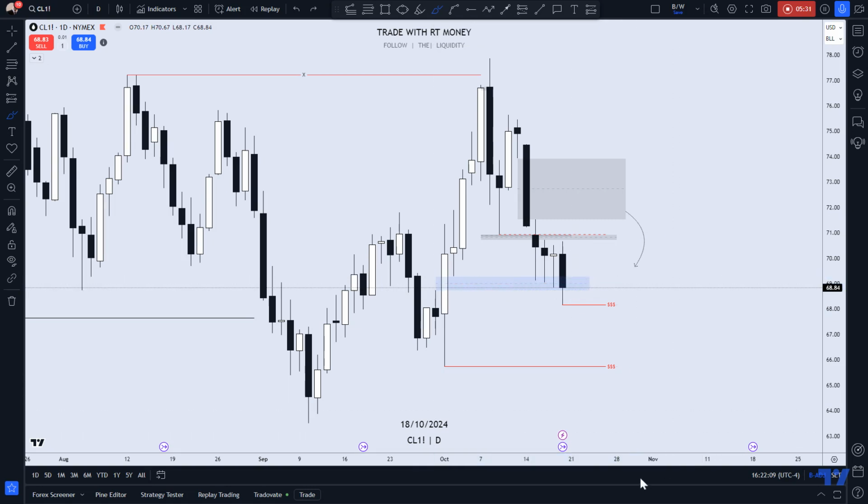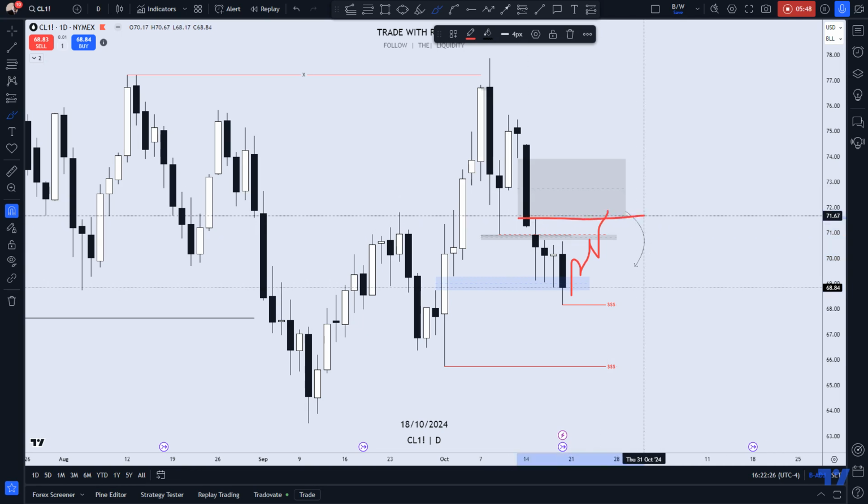So the fair value gap is still holding. All right, we'll see what Monday's candle does. But right now, this fair value gap is still holding, and I believe that price may end up moving higher, touching off at this beautiful bearish fair value gap to push prices lower.